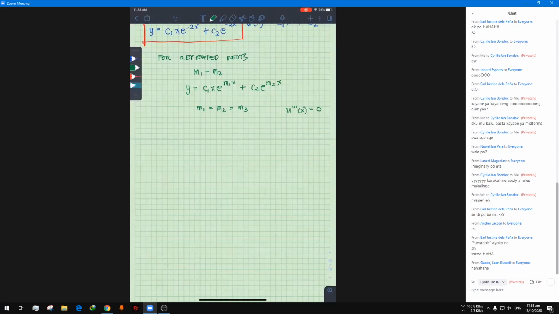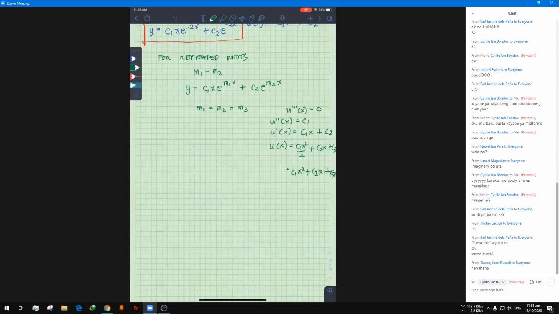So yung u double prime of x mo would be equal to C1. Ang u prime of x mo would become C1 x plus C2. Ang u of x mo nun would become C1 x squared all over 2 plus C2 x plus C3, or simply C1 x squared plus C2 x plus C3.